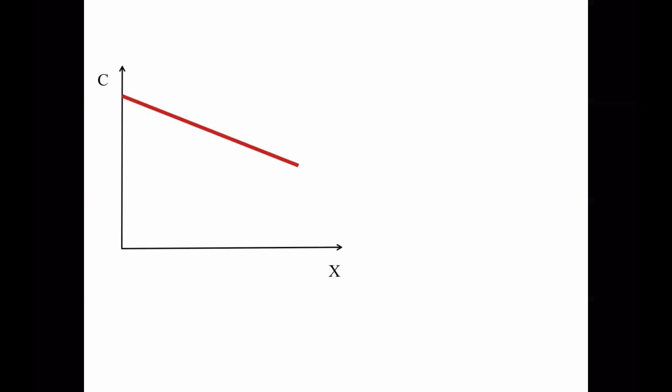Diffusion is the first one, maybe first because it's the simplest. To get diffusion, the concentration of the molecules or ions mustn't be uniform. So for instance, this is the X direction and this is the concentration. We have to have a gradient of the molecular concentration.